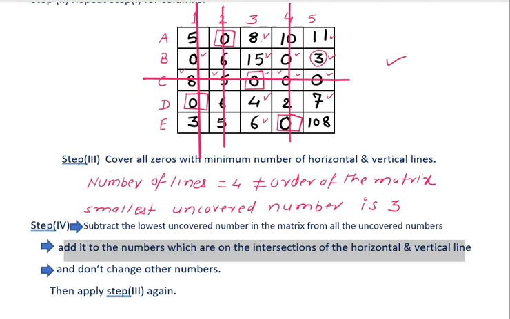So in this way we will get a new cost matrix. Let us write down the elements of the first column. So 5, 0, do not change 5, 0. On the intersection we add 3. So 8 plus 3 is 11. So 5, 0, 11.